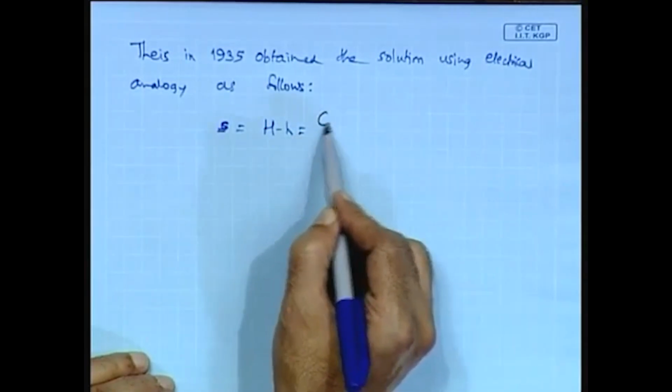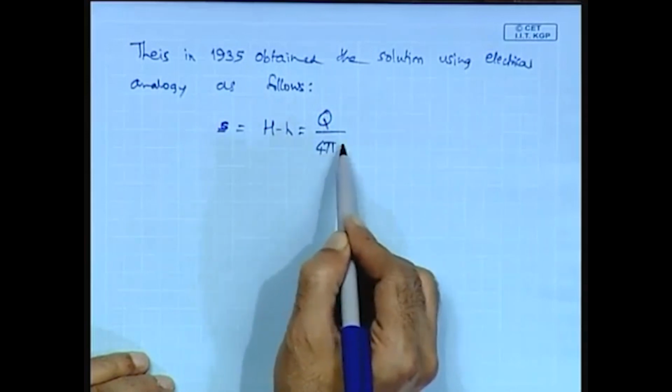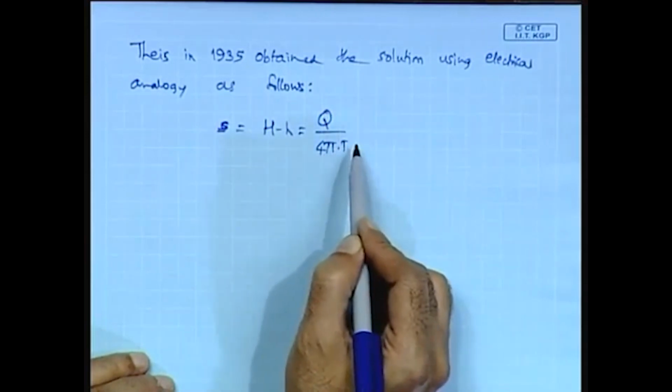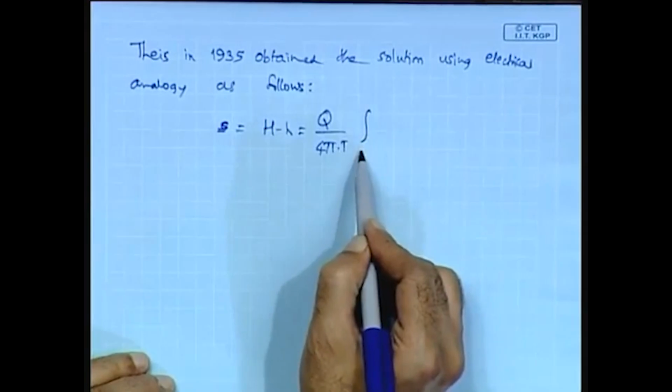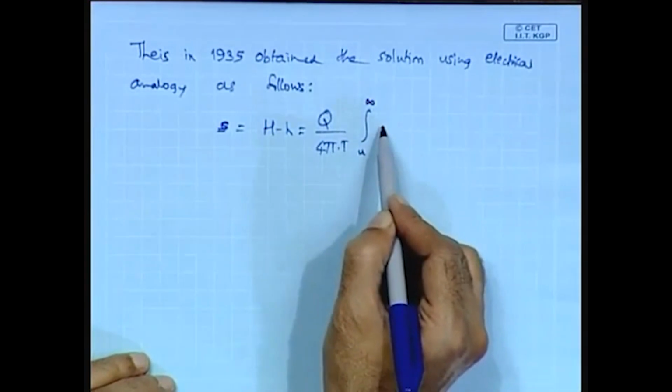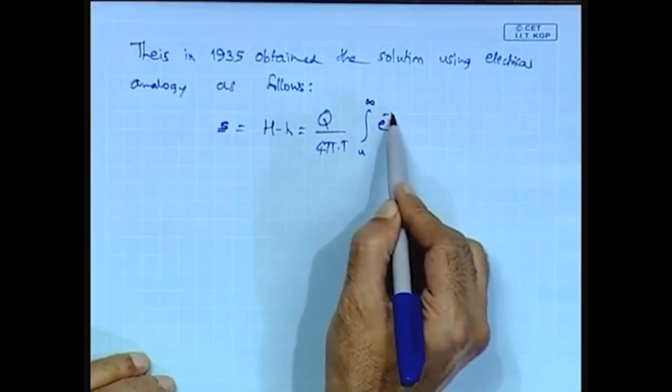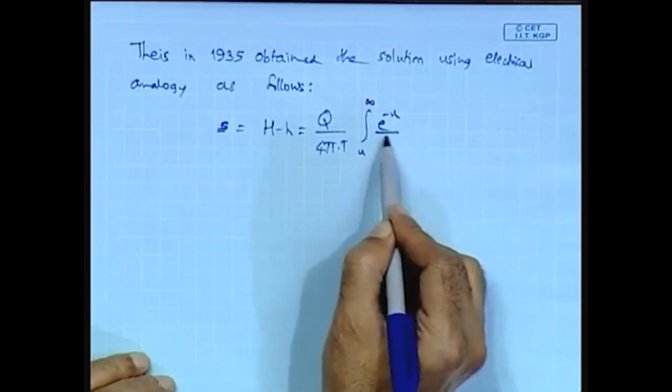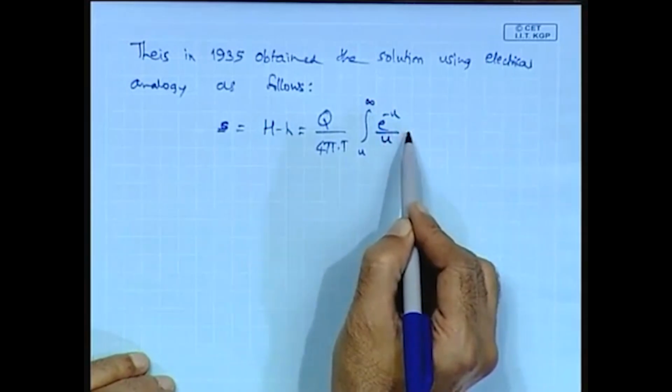So, this is equal to Q divided by 4 pi into T into the integration from u to infinity of e to the power minus u divided by u into du.